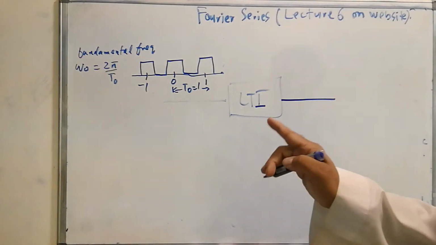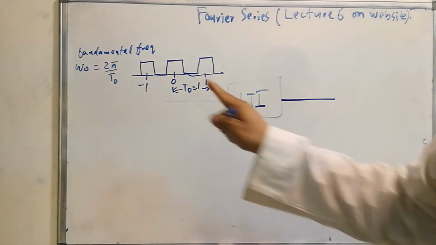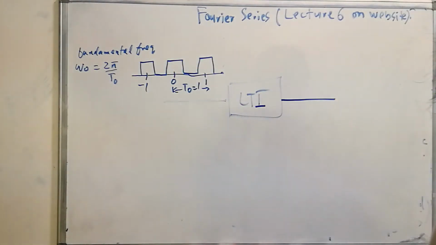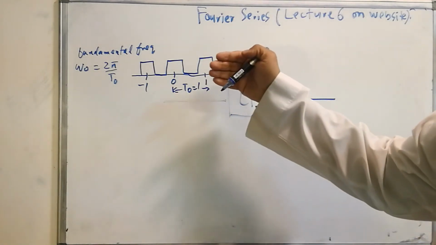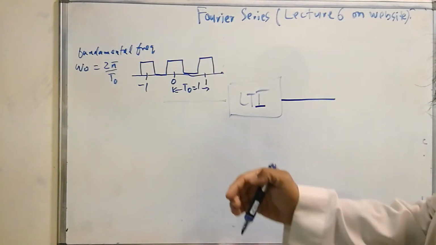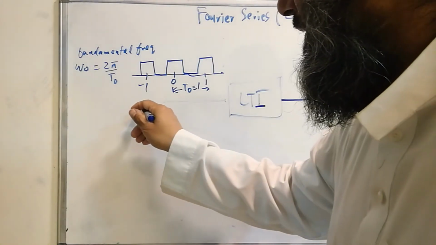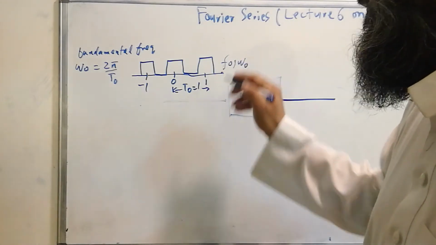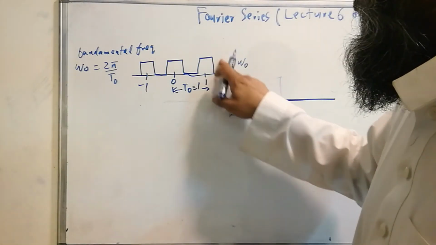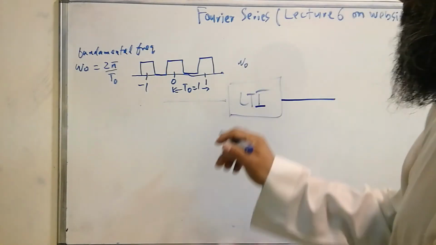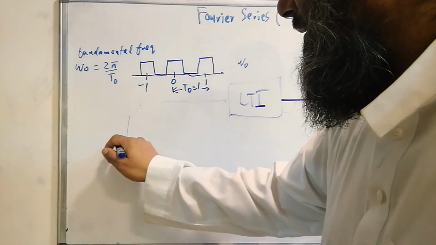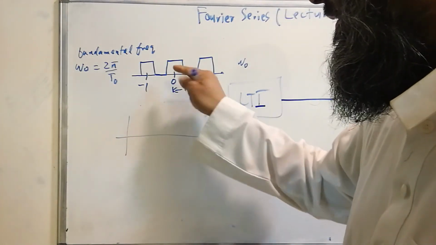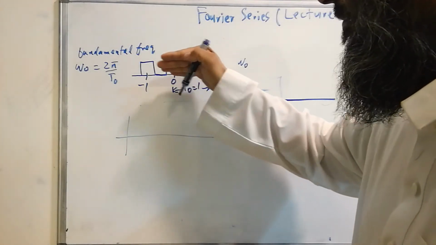So the Fourier series allows us to split this signal in terms of frequencies. If the frequency of this is omega naught, let us just stick to the radian, then the first harmonic is its fundamental.